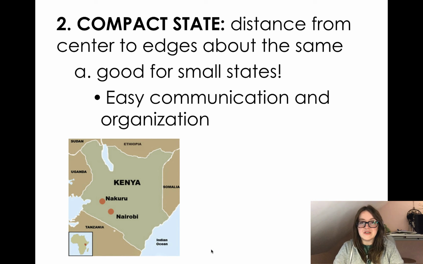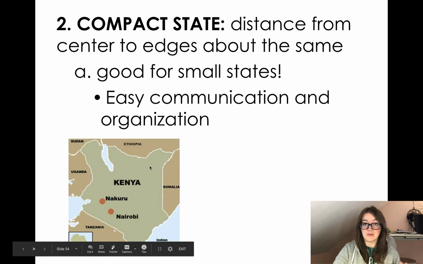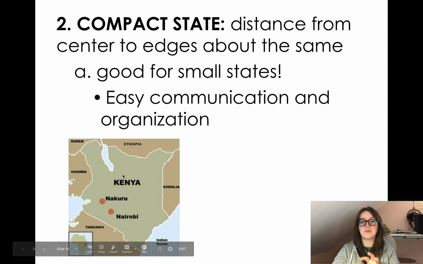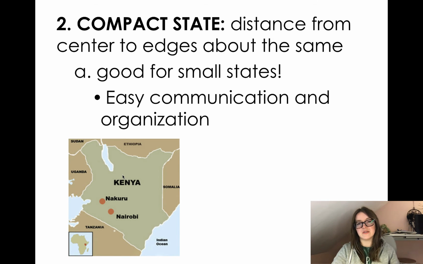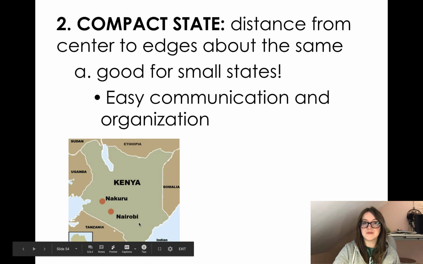So we have a few different types of state shapes. The first one is compact, and this essentially means that it's a ball. As a relative term, because obviously nothing's going to be shaped quite exactly like a circle or a ball here, but it's roughly equidistant from the center to the edges. So if we look here at Kenya and we put a dot right in the middle, it's fairly equidistant all the way around.